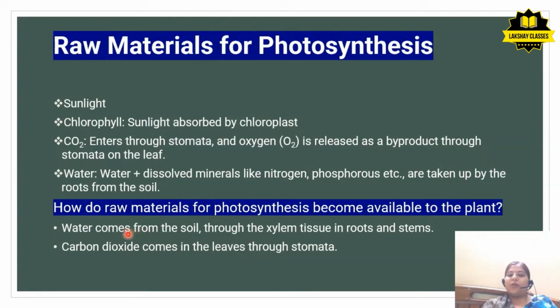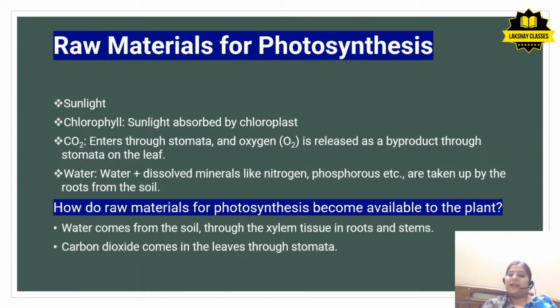And water along with minerals is transported through the xylem tissue. You have already read about vascular tissues in class 9th. This is how the raw materials reach the leaves so that plants can do photosynthesis.